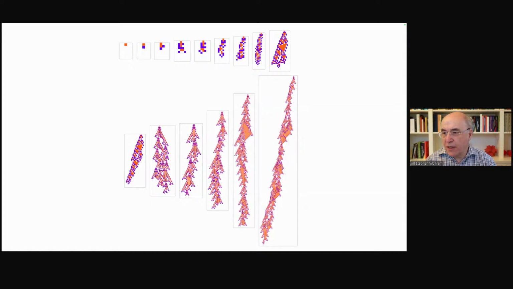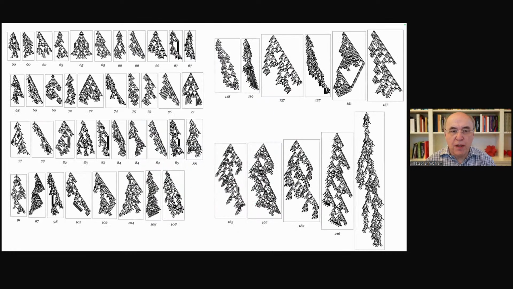I think I have an example. Where do I have that? I have an example maybe of all possible ways to live a long time. Yeah, here's one. This shows long-lived examples of systems like this.